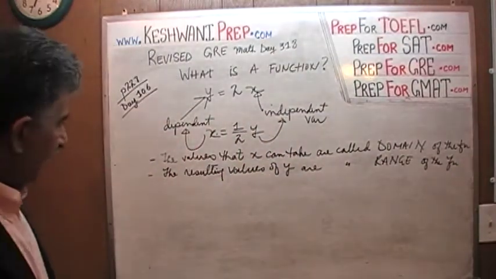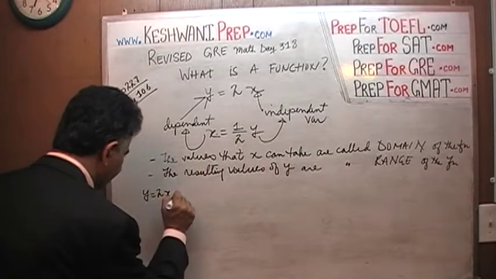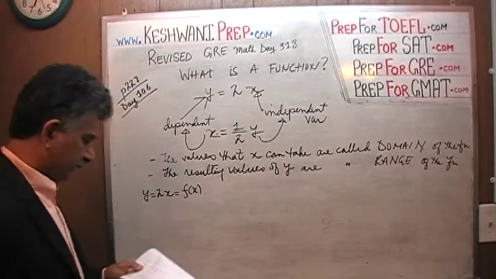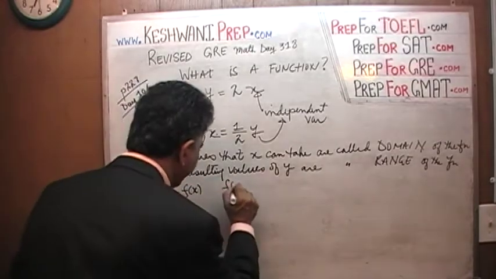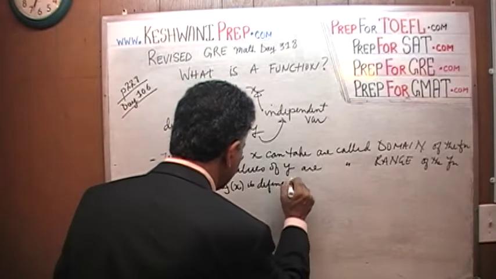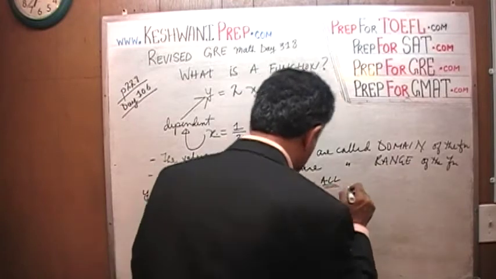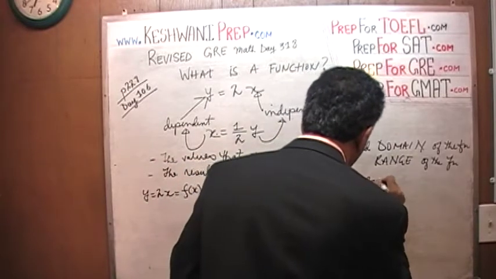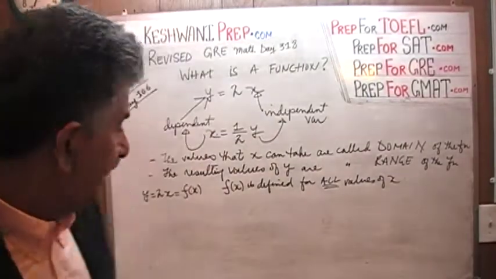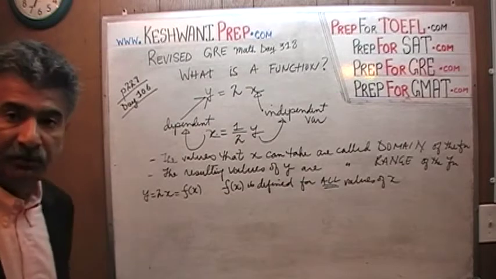For example, our f of x was y equals 2x, I believe, the first one. F of x here is defined for all values of x. In other words, in this relationship, you can put in any value that you want for x, and you will have a value for y.